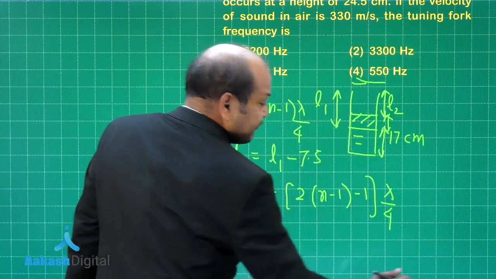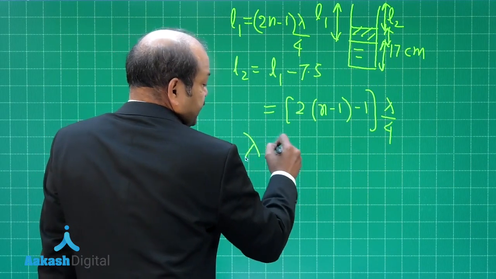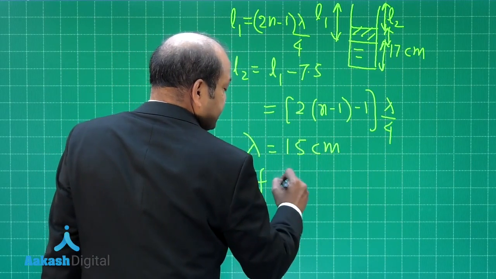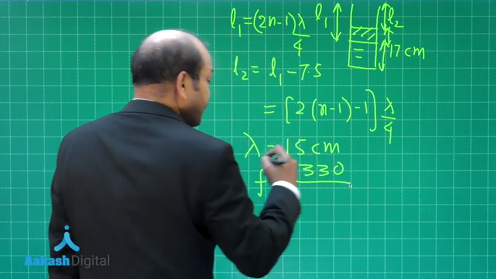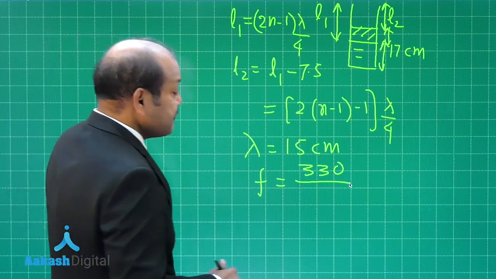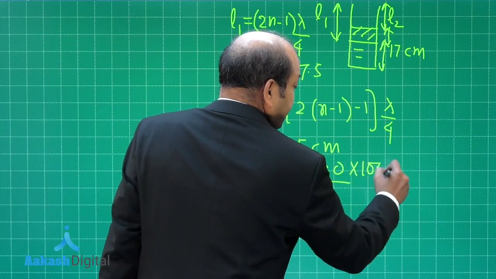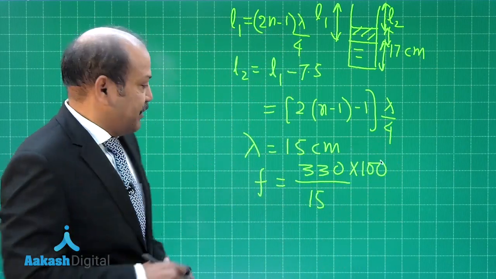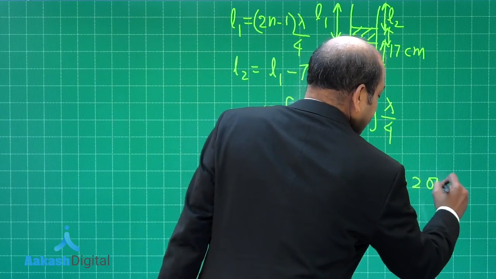Once we have the value of lambda as 15 centimeter, the frequency we can get easily by dividing the speed, which is 330 meter per second, divided by the wavelength lambda, which is 15 centimeter. So, now we need to multiply it by 100, and this is the frequency in hertz. Well, if we solve it, this comes out as 2200 hertz.